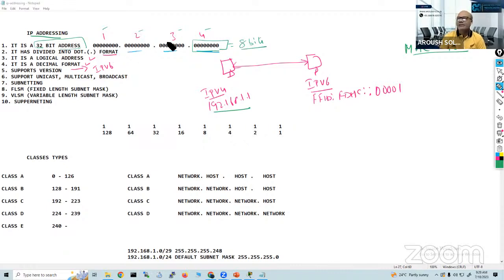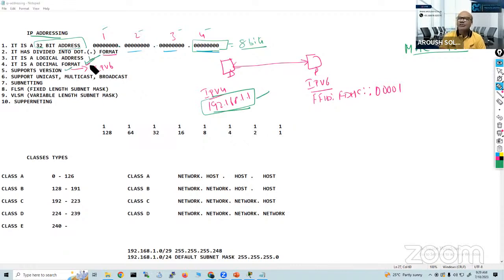They are separated by a dotted format. It is a logical address in decimal format, not in binary zeros and ones, because we cannot remember 0101. It's easy to remember an IP address for the configuration part.